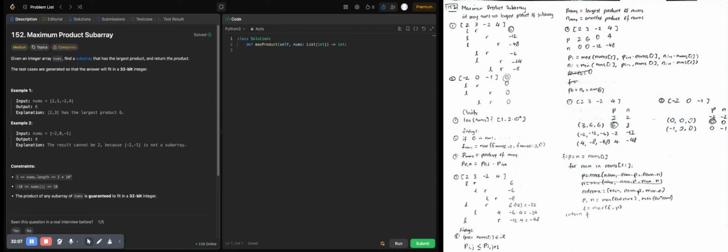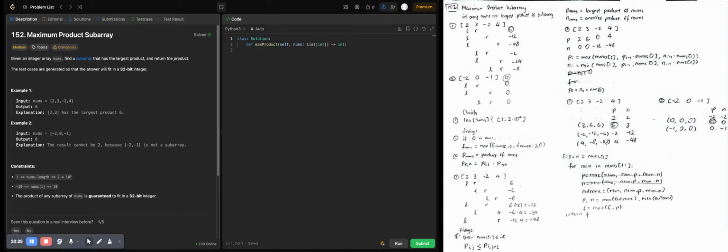Okay, how about we just start with nums of 0? Sorry. So instead of P0 at 0, we initialize it to nums of 0.